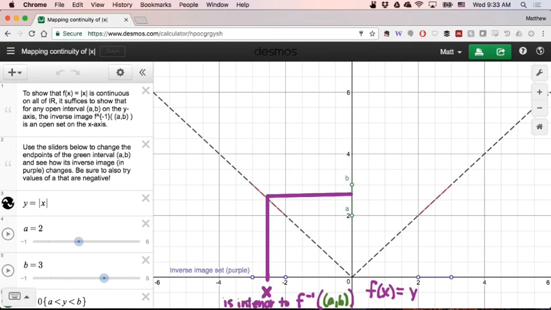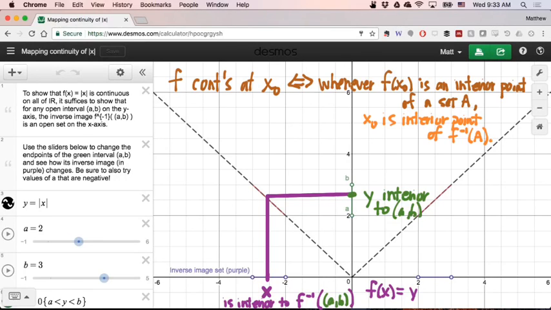So another way of packaging this message is to say that what the open set definition really says is that continuous functions satisfy that the inverse image of an open set is open. That's really, after all, what we're proving when we say that the preimage of an interior point is an interior point. The inverse image of an open set is open. That is behavior that we associate with continuous functions.